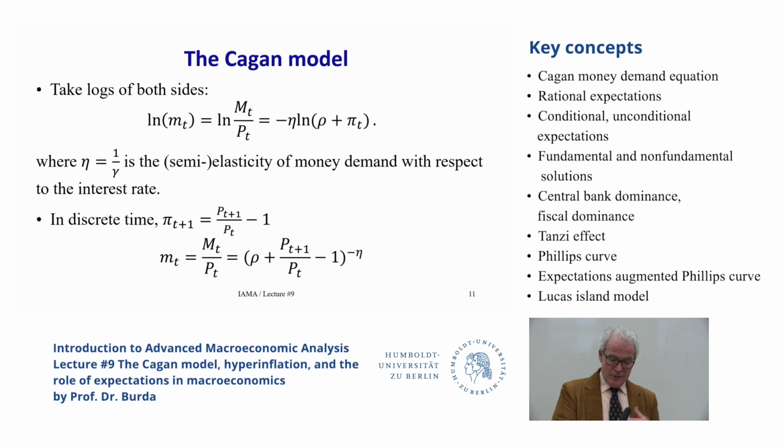Now, if you convert that model to discrete time, we'll have the inflation rate measured now as tomorrow's price level divided by today's price level minus 1, and that's the inflation rate without the percentage formulation. So if you want to make that in percentage terms, you'd have to multiply it by 100.